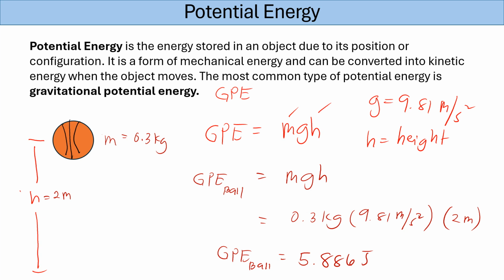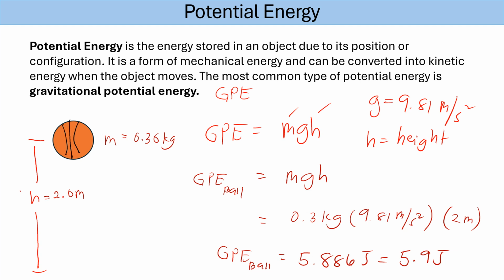Maybe I'll change this to 2.0 meters. This is 2.0 meters, and the mass will be 0.30. Okay, so we can express this answer now as 5.9 joules, following two significant figures. So that is how we calculate the potential energy and the kinetic energy of a body.